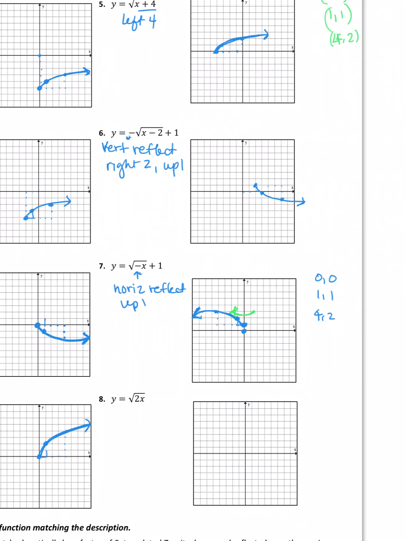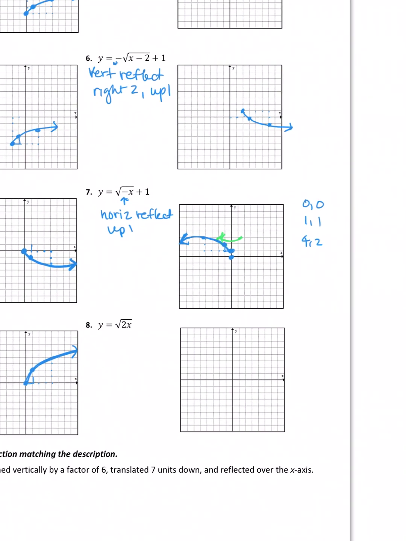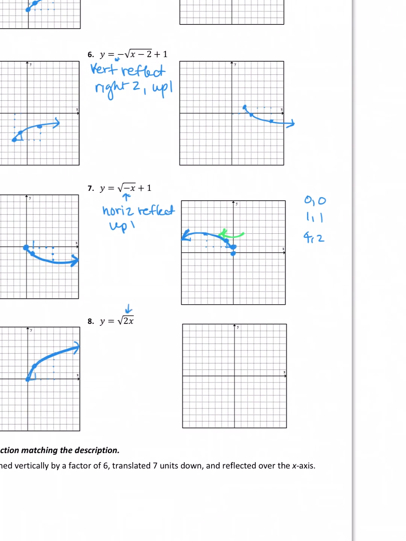Now look at this one, number 8. This one is a horizontal. Remember, it's under the radical, so it's going to be opposite logic. So it's not a vertical stretch, it's a horizontal shrink by 1/2. So what does that mean I'm going to do? Well, it means I take my points and I'm going to cut this one in half.